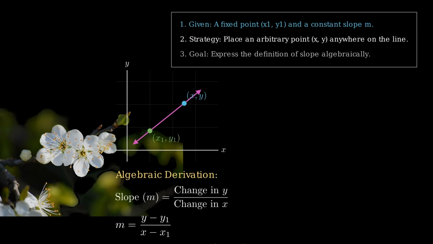To eliminate the fraction, let's multiply both sides of the equation by x minus x1. As a result, we successfully derive the point-slope formula, y minus y1 equals m times x minus x1.